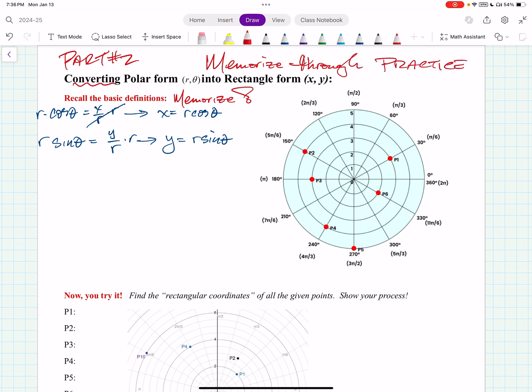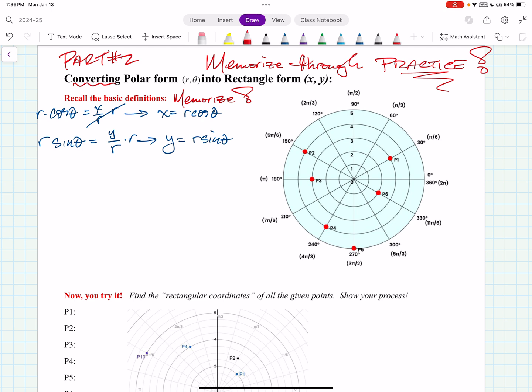And something I always tell you guys, the question is who's doing it. So just keep that in mind. Make sure you practice the right way, learn the right way. Okay, so now we have the basic definitions of x and y. We know x is always equal to r times cosine theta, y is equal to r sine theta, and so it's actually not that difficult.